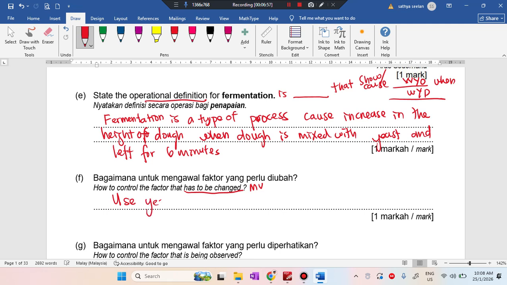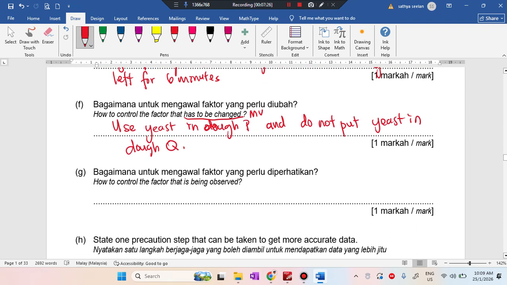Use yeast in dough P and do not put yeast in dough Q. This one we need to answer a little bit differently. How you make the changes, you need to explain that.